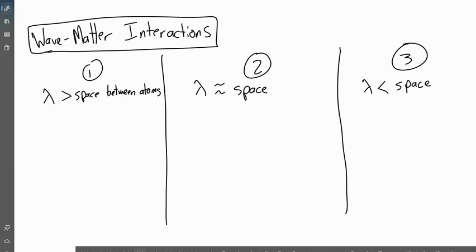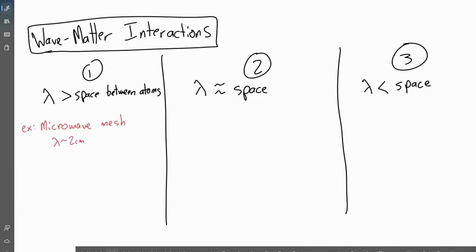When wavelengths are bigger than the space between atoms, or the space that we're given, an example is the microwave mesh. Microwaves are on the order of a centimeter. Lambda is about a centimeter, or 2 centimeters-ish for the average microwave.